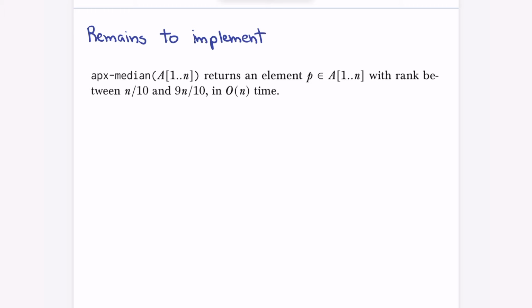Okay, so is the algorithm you have in mind, you get the n over 10 smallest element and you can throw out everything smaller? Oh, okay, but then we still have to figure out how to implement select n over 10.